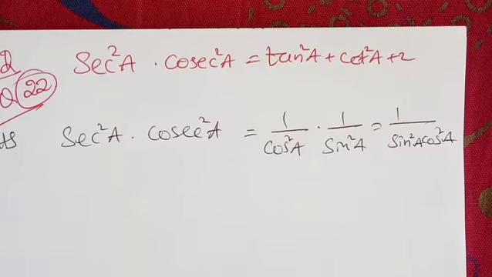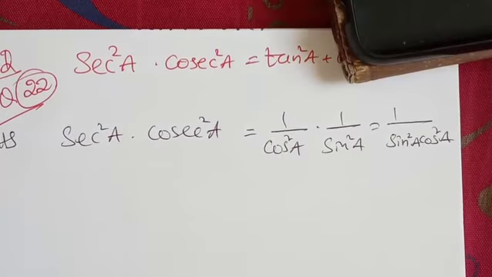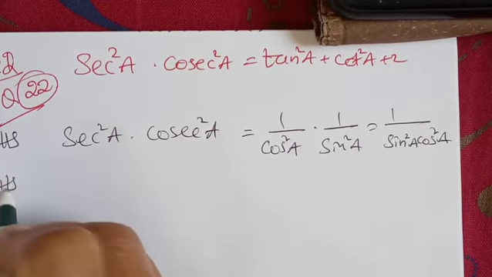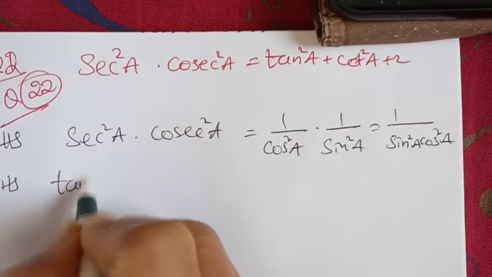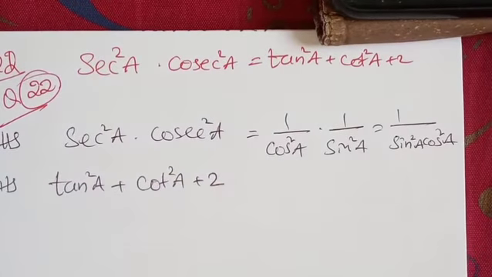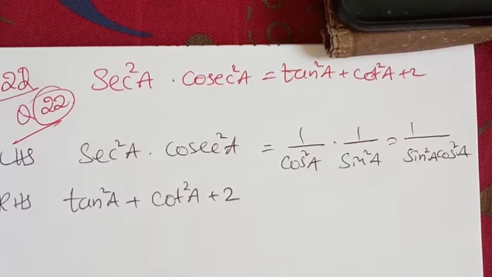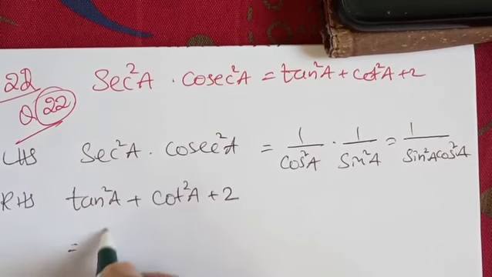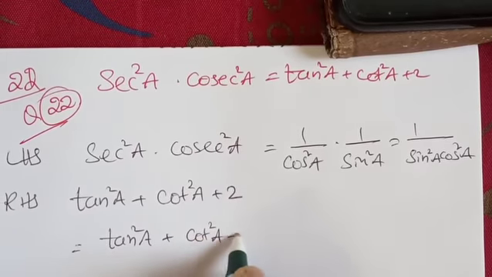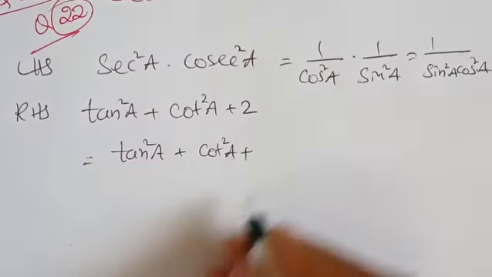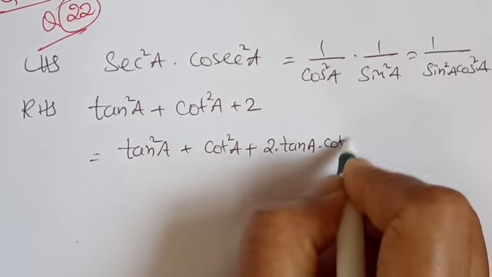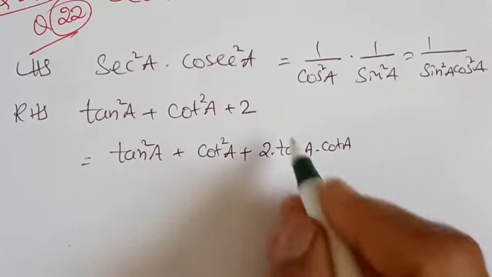Next we will find the RHS part. RHS part is what? Tan square A plus cot square A plus 2. This we can write as tan square A plus cot square A plus 2 tan A into cot A. What am I doing here?